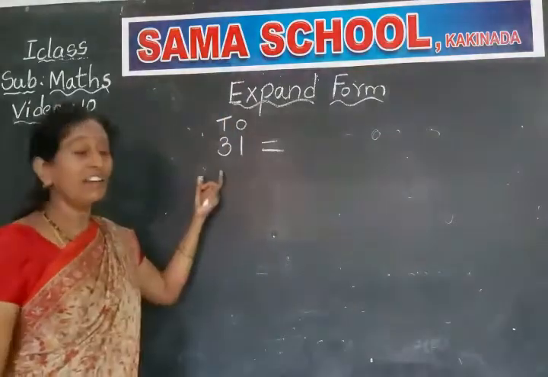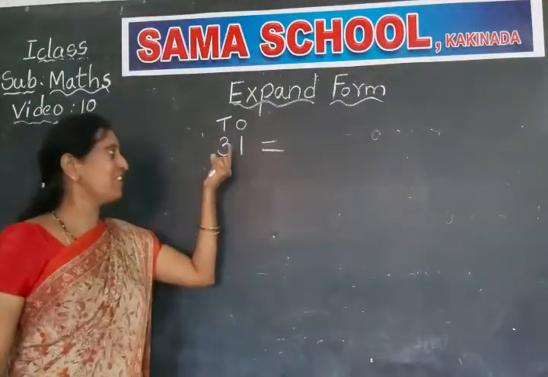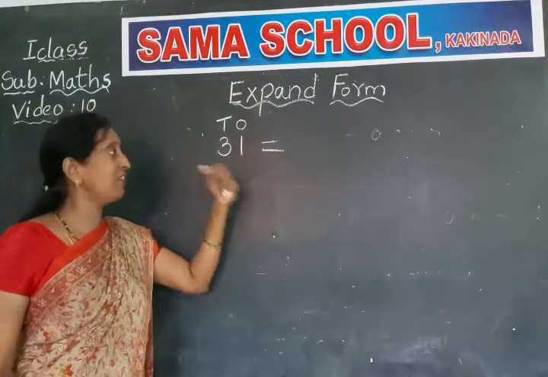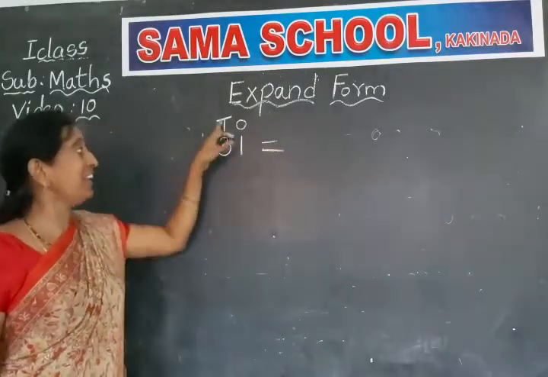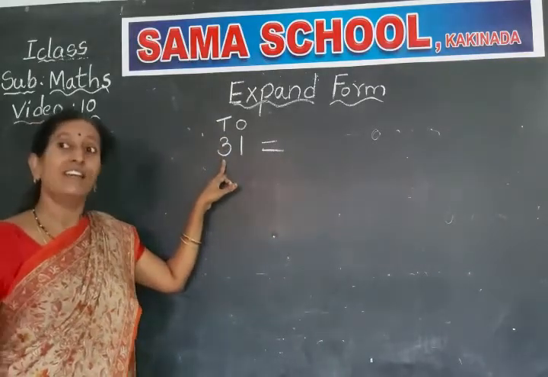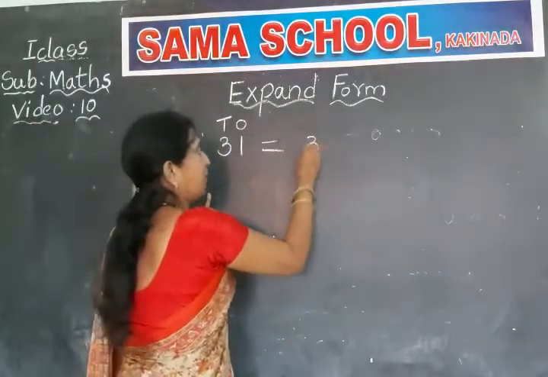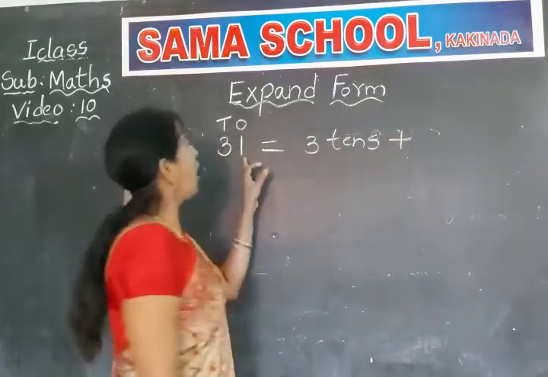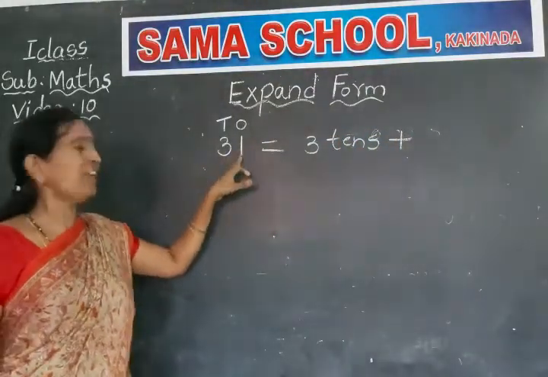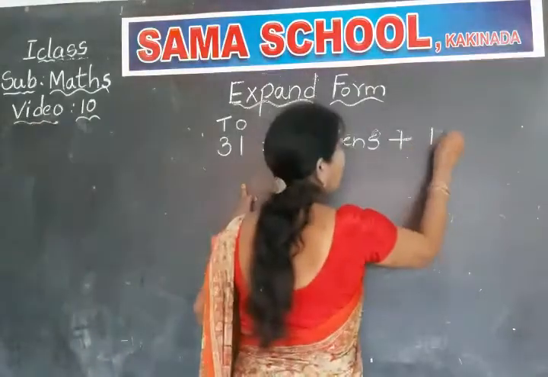Very good. Now you expand this number. This is the short form of the number now. 31. Now how to expand this one? Here in tens place how many tens? 3 tens. Very good. 3 tens plus how many ones here? Only 1. 1 one.